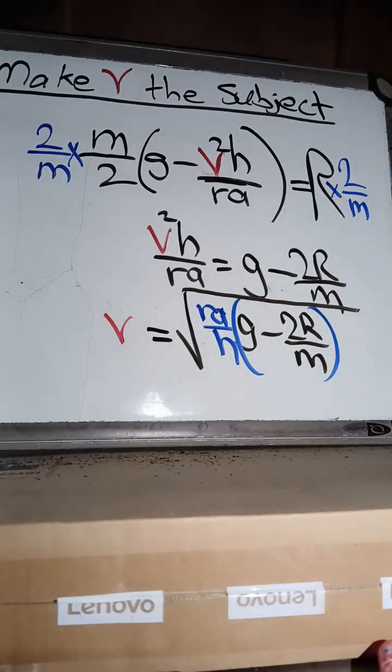Now this one, I would love to put this back, but would I want to is the question. Okay, if I square that to get rid of the sign, RA divided by the RA leaves me with just G minus 2R over M. And you know, that's what I should do.